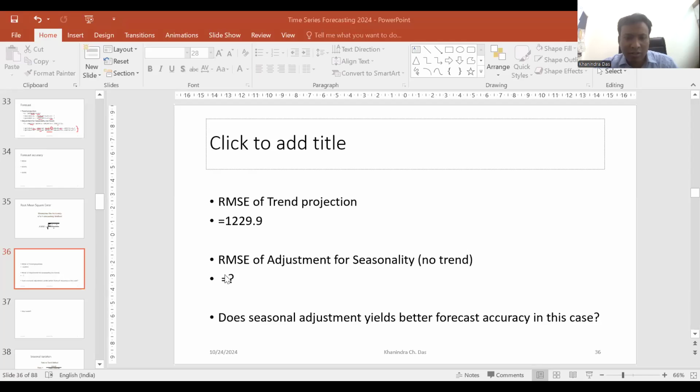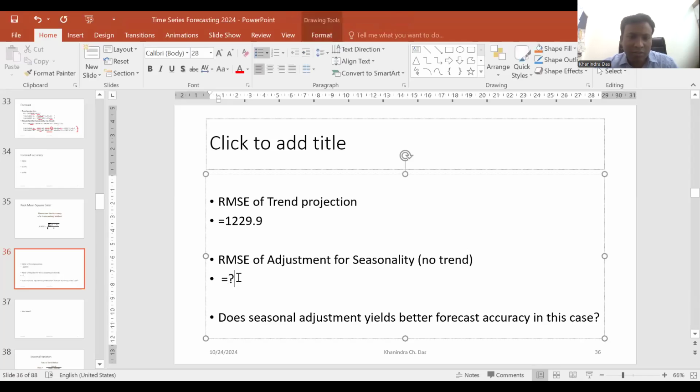So I must now decide which method to use for forecasting. So therefore, what value do you get? 487.5, which is much lesser than 1229 with trend projections.